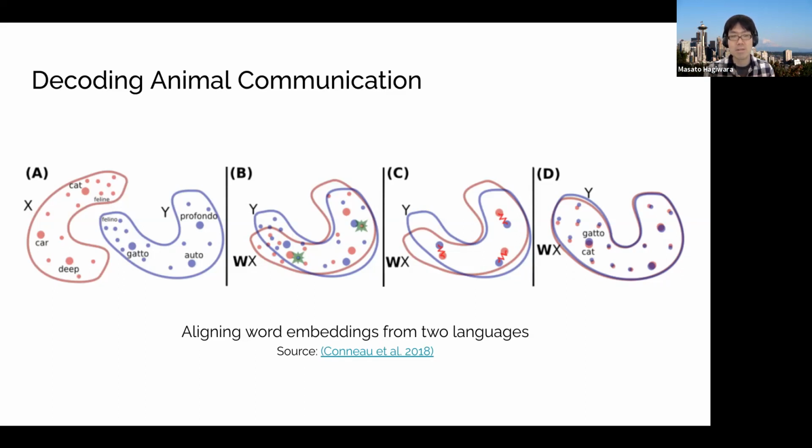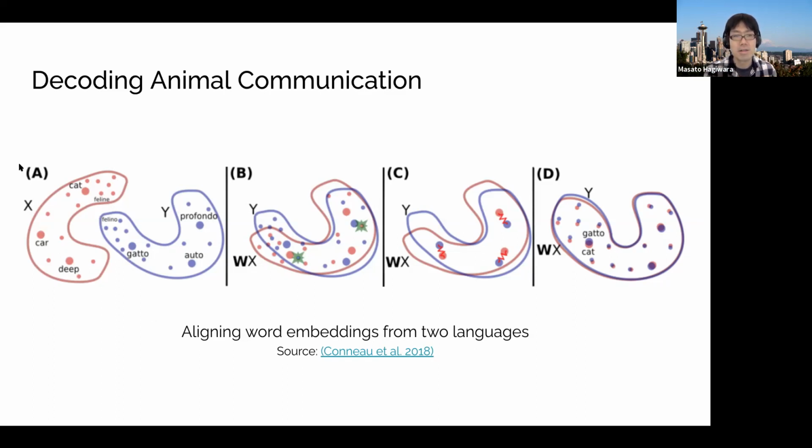The basic assumption here is no matter what the language is, the structures of those points or vectors have some similarity between the languages.